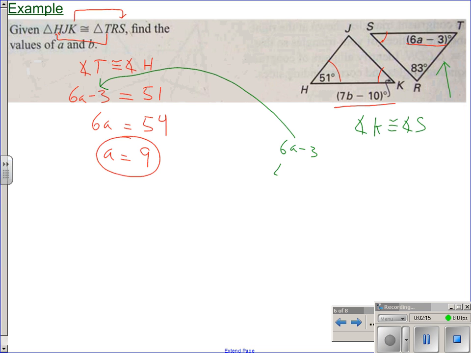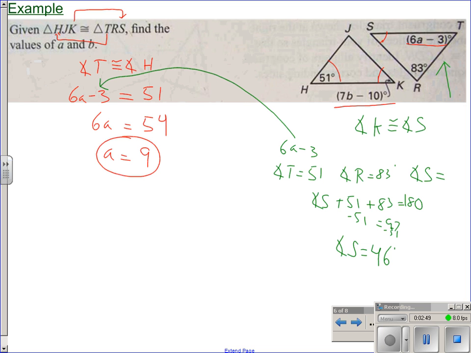So angle T equals 51 degrees. We know angle R is 83 degrees. We're looking for angle S. So those are the three angles of a triangle. So angle S plus 51 plus 83 equals 180. I'm going to subtract the 83, that puts that at 97. Then I'm going to subtract the 51, puts us at angle S equal to 46 degrees. Okay, angle S, 46 degrees.